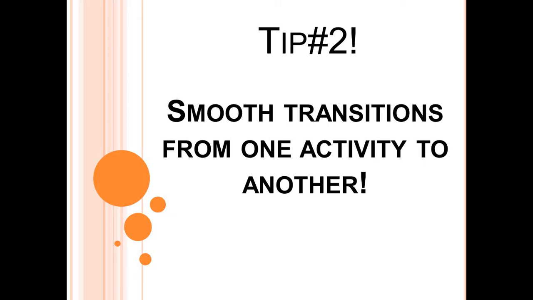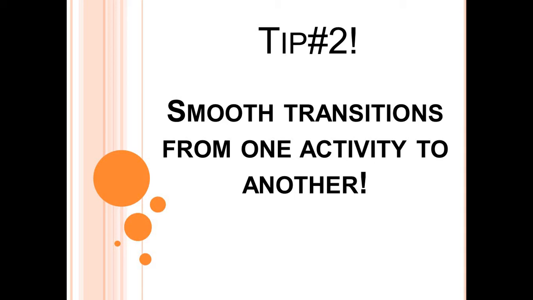What I mean by that is that, for example, you finished one activity, don't jump into the other by saying, okay, we've done this and now let's do this. No. Try to finish the first activity and start the other activity smoothly, so that your student isn't even aware that you're going from one activity to the other.